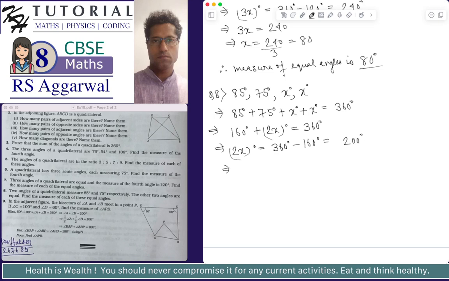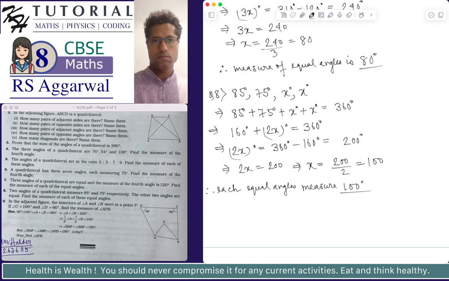Now ignoring the degrees, we have 2x is equal to 200. This implies x is equal to 200 by 2, which is 100. Therefore each equal angle measures 100 degrees. Question number 8, the answer is 100 degrees.